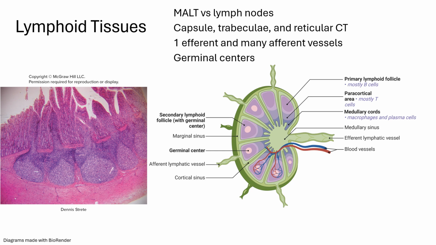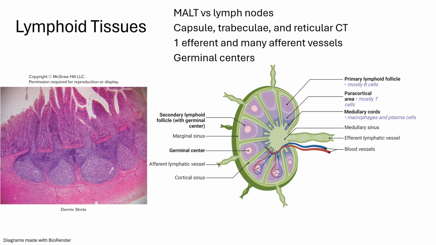A lymph node proper has a much more organized structure that consists of organized follicles. And these follicles house mostly B cells, and other surrounding tissue in the lymph node houses T cells and macrophages. So here in a lymph node, you get it all. The primary tissue within a lymph node is reticular connective tissue.